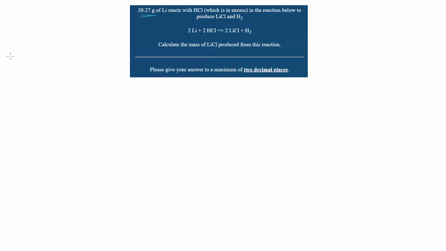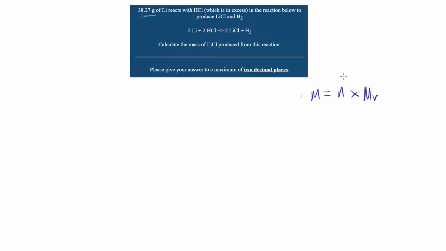The equation we're going to be using here is that the mass is equal to the moles n multiplied by the molar mass Mr. In this case, this would be the number of moles of lithium multiplied by the molar mass of lithium.